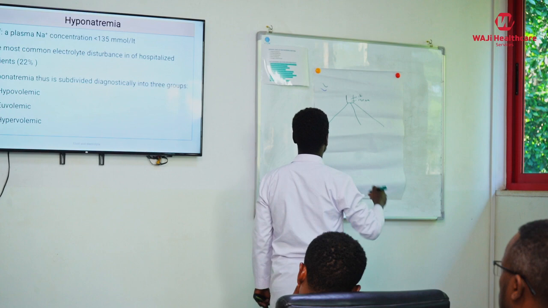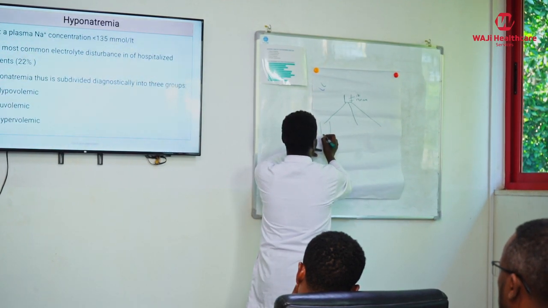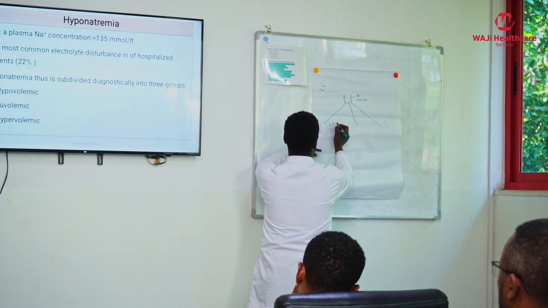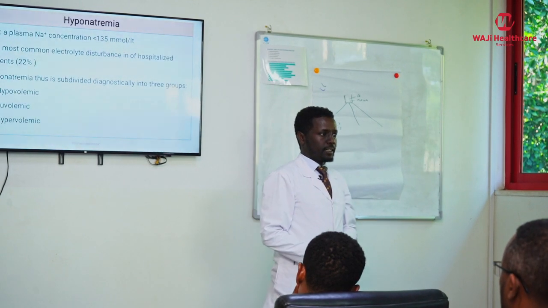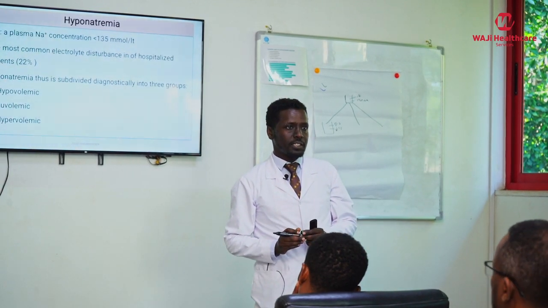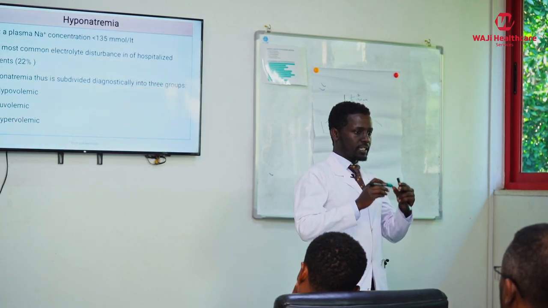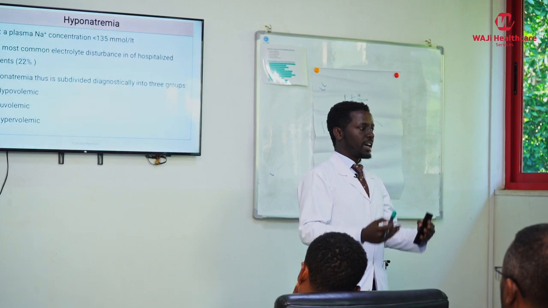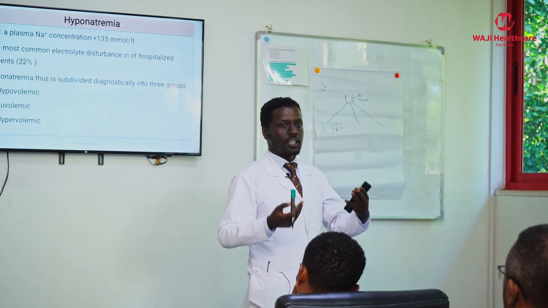So the first one will be hypovolemic hyponatremia. So this is the definition of hypovolemic hyponatremia: there is both a decrease in the volume and the salt component, but the predominantly affected one is the sodium level.